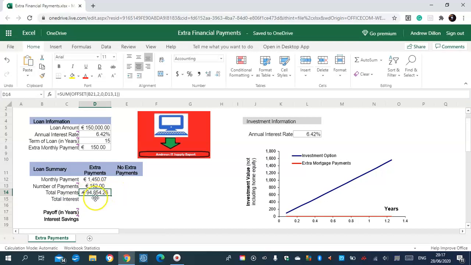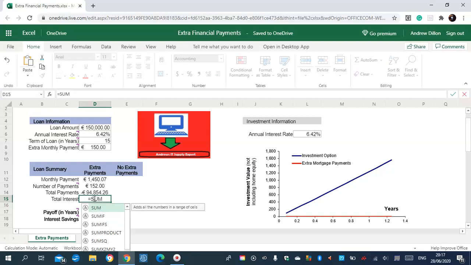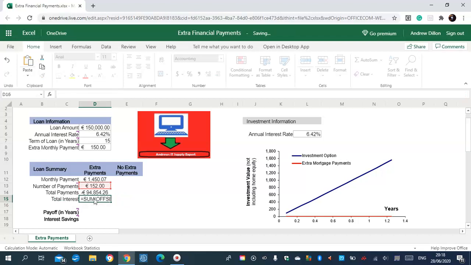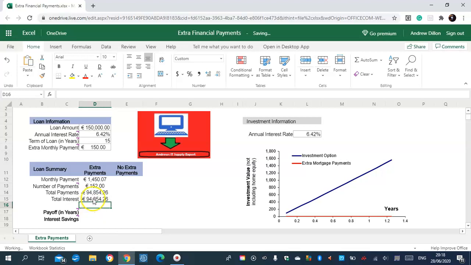Okay, let's find the total payments. With the correct answer. Okay, now here's how to calculate the total interest. It's pretty basic, the same answer.